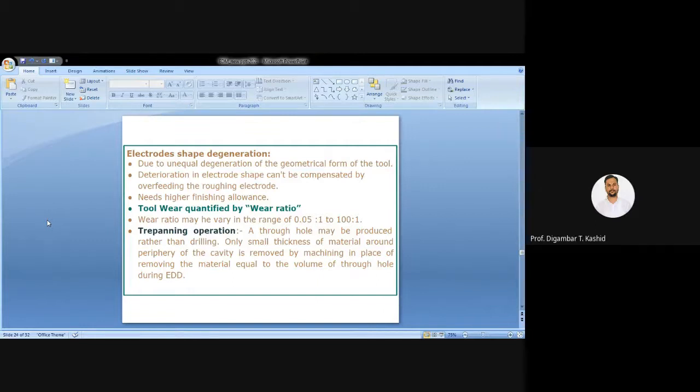This degeneration will be there at the corner point only. Due to unequal degeneration of the geometric form of the tool, the deterioration in the electrode shape can't be compensated by overfeeding the roughing electrode.